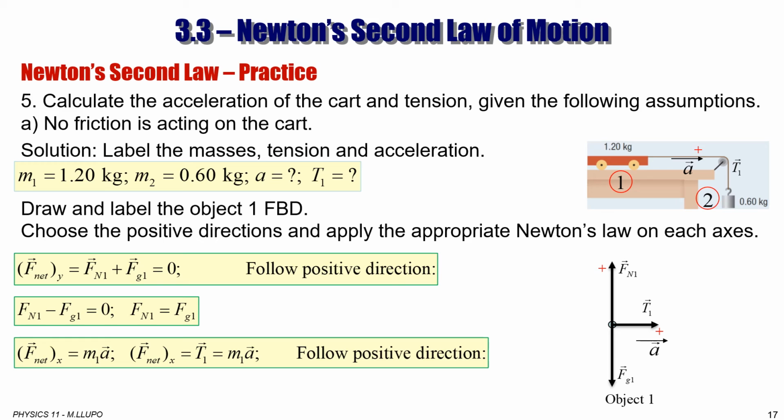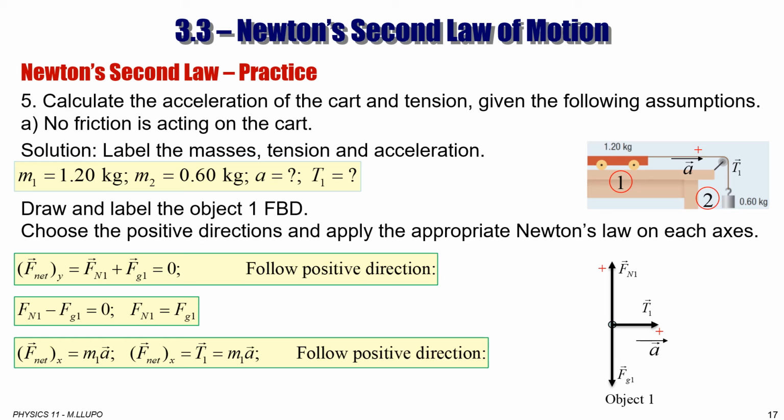Now F net x is equal to m1a, because object 1, mass 1, is accelerating in that direction. F net is equal to the sum of all forces on the x-axis, and we have only one force on x. So F net x is equal to T1, that is equal to m1a.